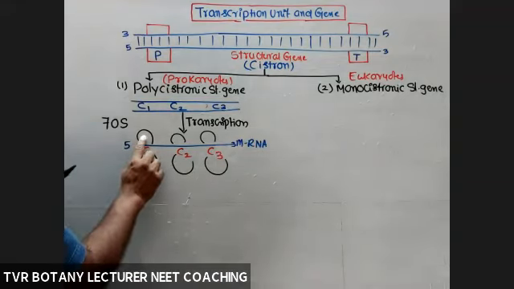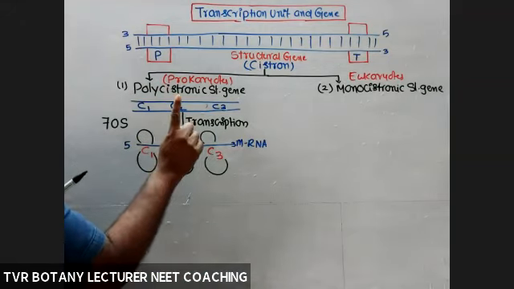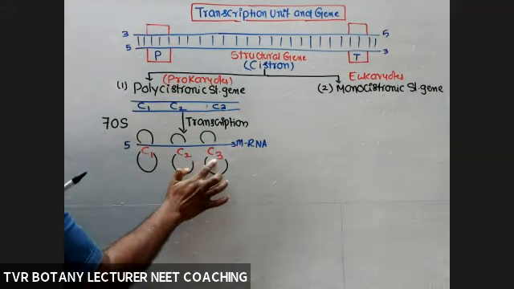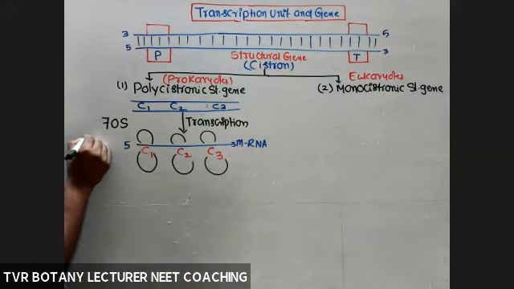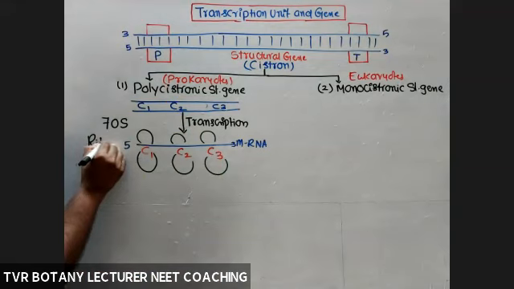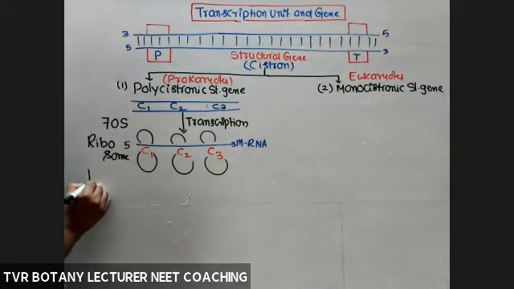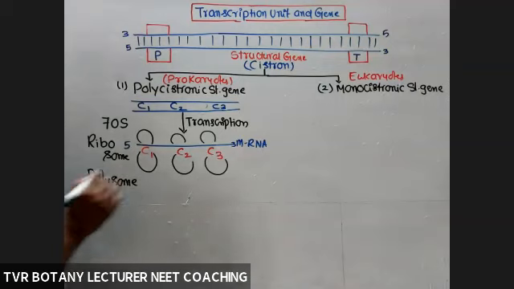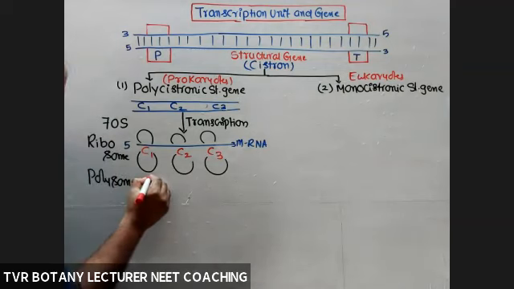So 70S ribosome, 70S ribosome, 70S ribosome, one kind only, and their number is equal to the number of cistrons present on the mRNA. So all these are 70S ribosomes, and this is called a polysome or polyribosome. Okay, so now translation.